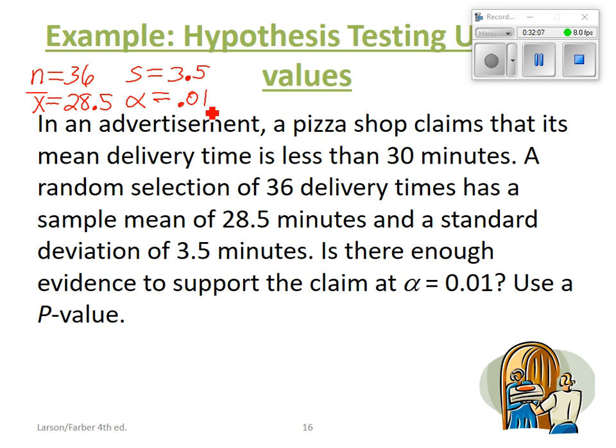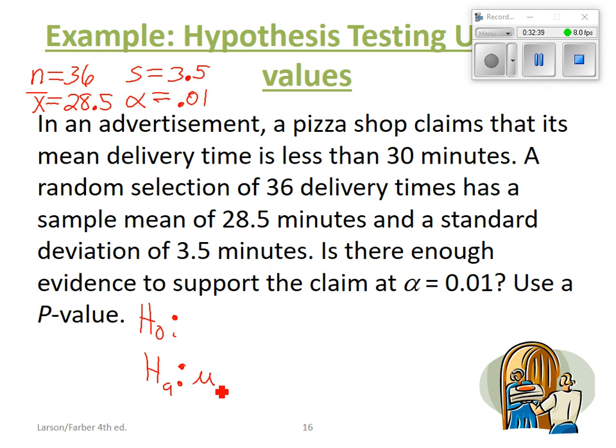I think I've gotten everything. Once we have all that, we're going to go through those steps. First step, write your H0 and your HA. I'm probably going to run out of space here, so I'll do it on the side. This time, the pizza shop claims that the mean delivery time is less than 30 minutes. Is that going to be our H0 or HA? HA. If it's less than 30 minutes, that's got to be your HA. What symbol are we using?